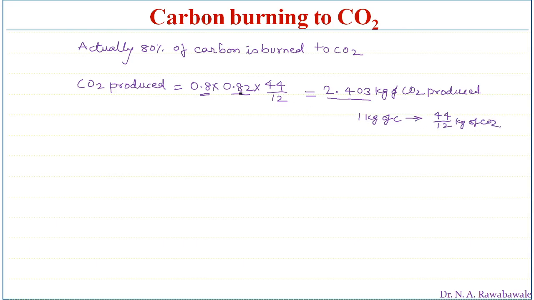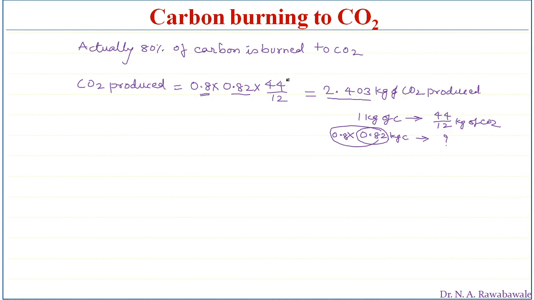Now if we burn 0.82 kg of carbon, how much will it produce? But out of 0.82 kg, 80% is going to burn to carbon dioxide. That means 0.82 into 0.8. If we burn 0.8 into 0.82 kg of carbon, that produces 2.043 kg.